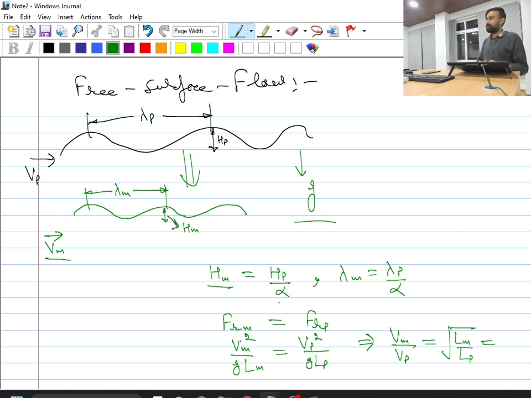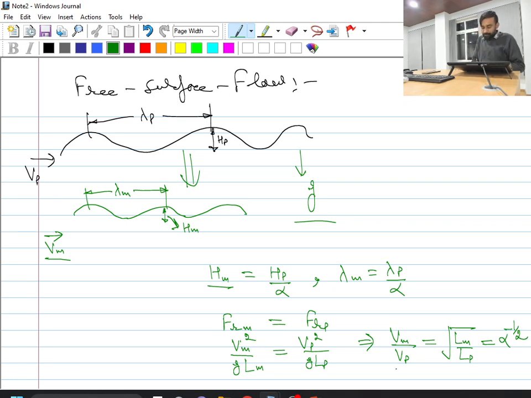What is Lm by Lp? 1 by alpha. So I will find alpha to the power minus 1 by 2. Is this point clear? So my Vm by Vp has become nothing but alpha to the power minus 1 by 2.